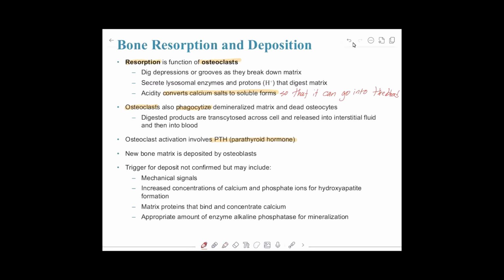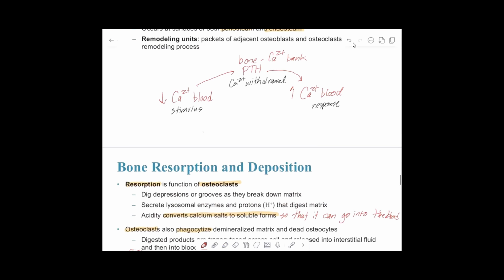So again, for calcium activation, I want you to think calcium withdrawal. And when you think of the opposite cells, the osteoblasts, I want you to think of calcium deposit, which would be the opposite of what we just saw here. So if we were to go from high calcium and bring it back down, there would be another hormone.